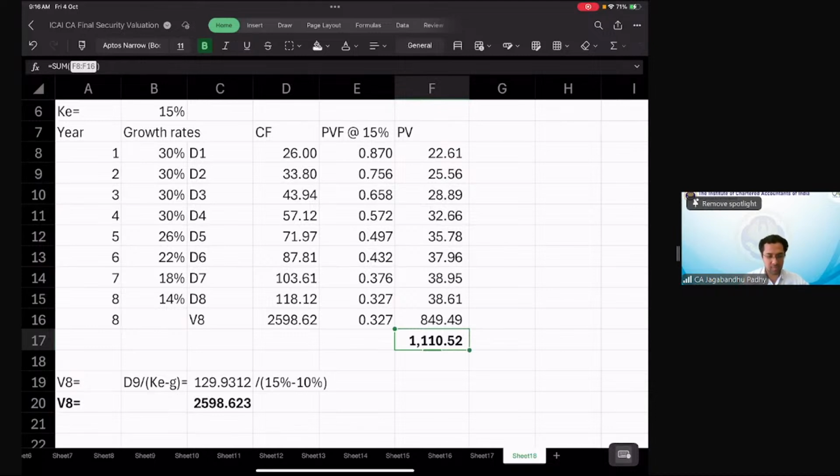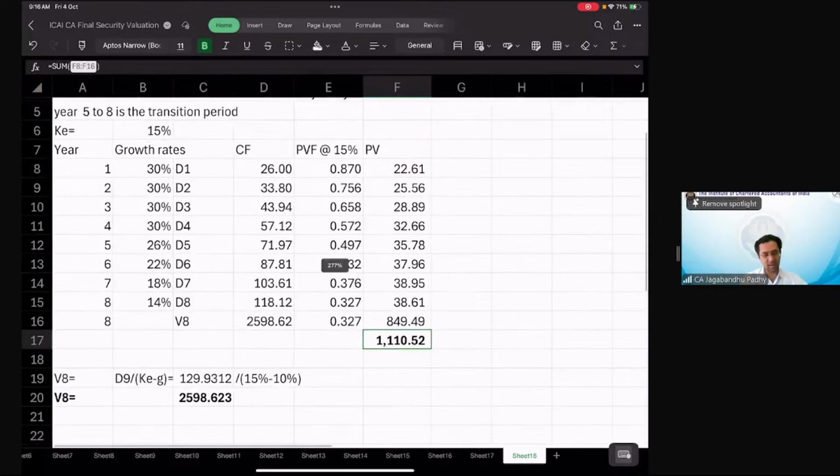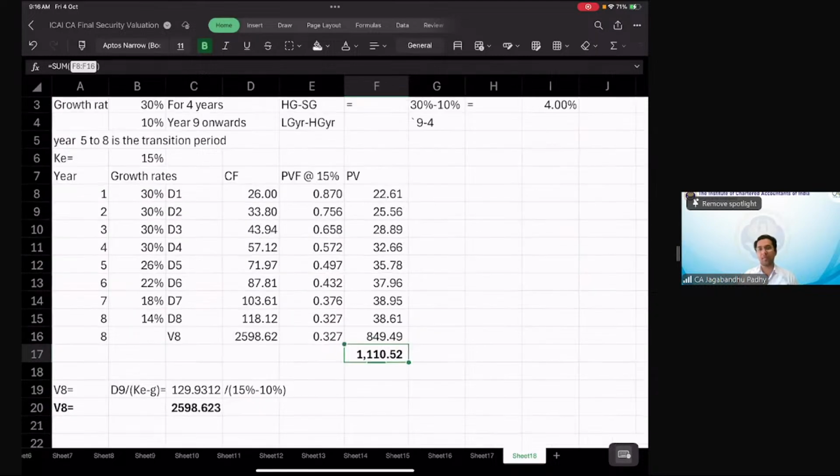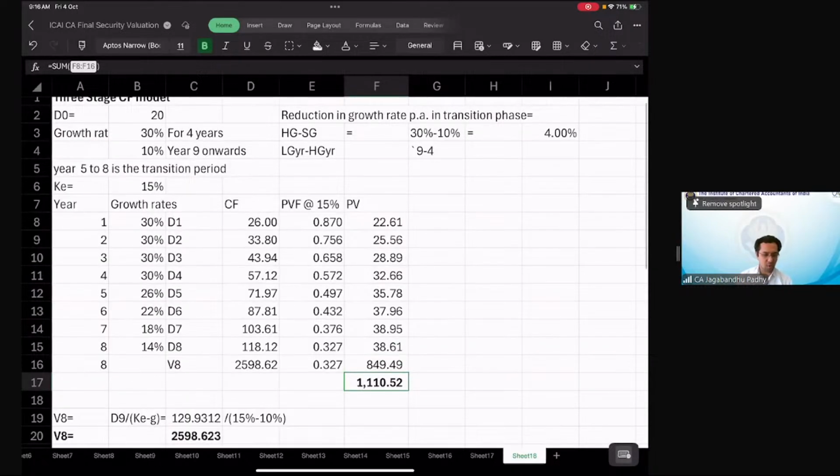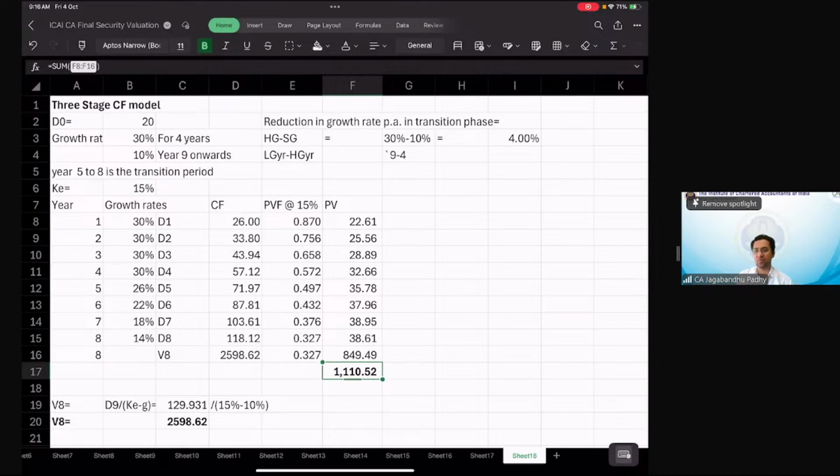Okay. Is this phase clear? The 3-stage cash flow model, is it clear to everyone? Are we good, everyone? 3-stage cash flow model, nothing different. It is just the gradual fall in growth rate that we consider in the 3-stage cash flow model. I'll give you a couple of minutes.